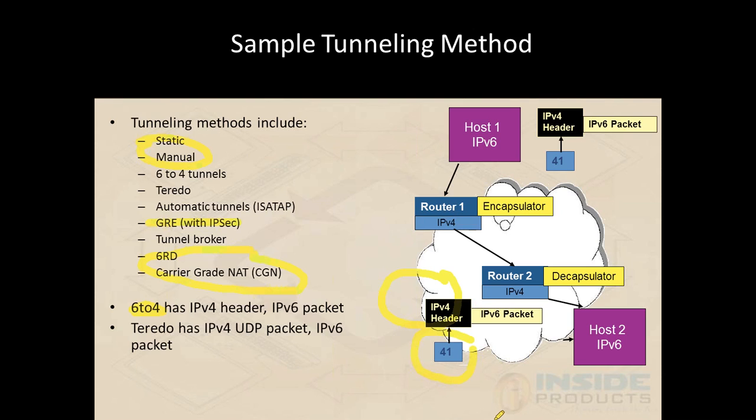And generally, it's UDP. In fact, I've never seen a tunneling methodology that uses TCP. You can see that that might be very, very expensive to do. And of course, at the other end, the packet is decapsulated.